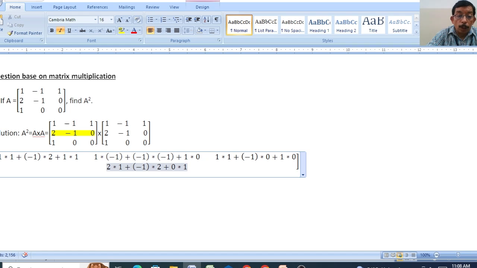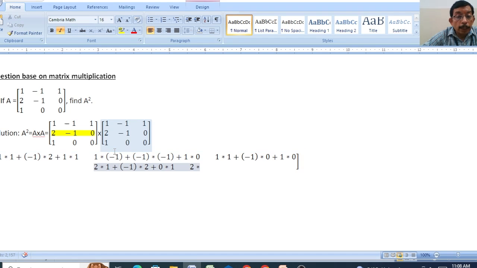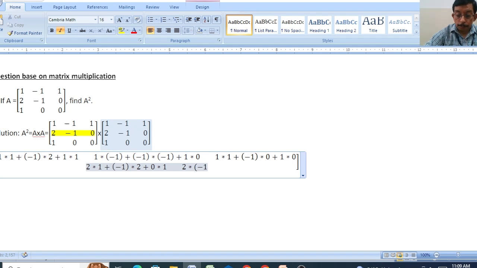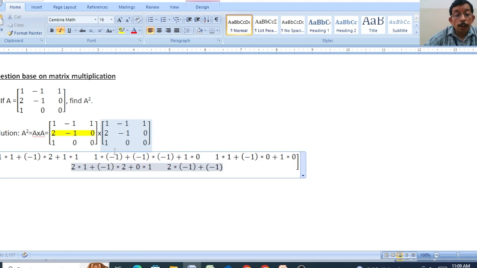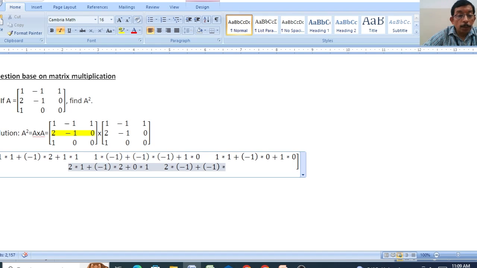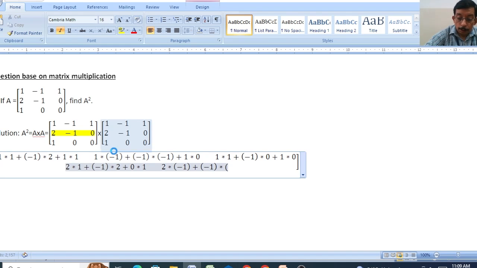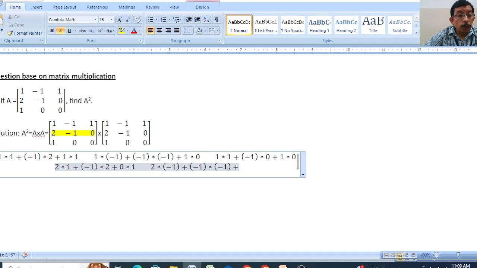Now we come to the second column. The second row first element is 2 multiplied by minus 1, plus the second row second element, minus 1, into the second column second element, which is also minus 1, plus the second row last element, 0, multiplied by the second column last element, which is also 0.